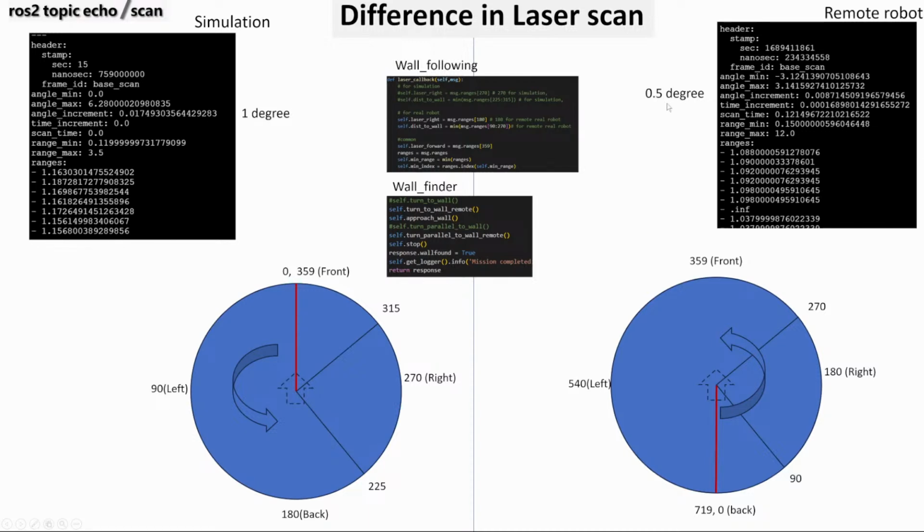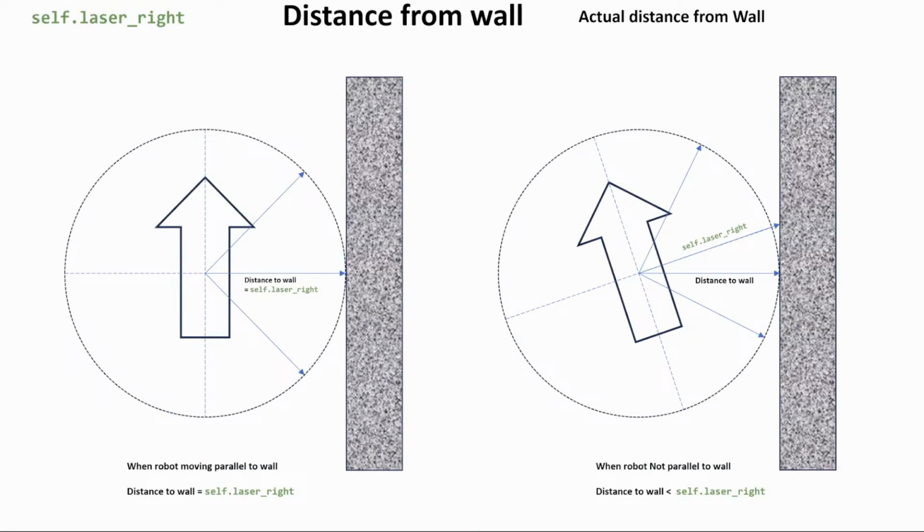And then I was thinking about how to define the distance from the wall. In the instruction, you are asking whether self laser right should be the distance to the wall. But I was thinking whether the actual distance to the wall should be the smallest distance from the center of the robot to the wall.